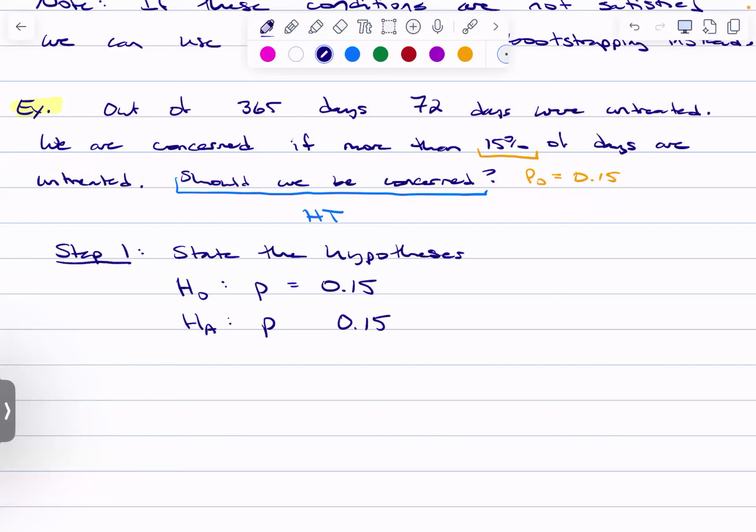And so in our case, we want this to reflect when we would be concerned. Right? And so we're concerned if more than 15% of days are untreated. And so to reflect that, I have a greater than here. This makes it a one-sided test, right? I'm only concerned with one extreme. Okay?